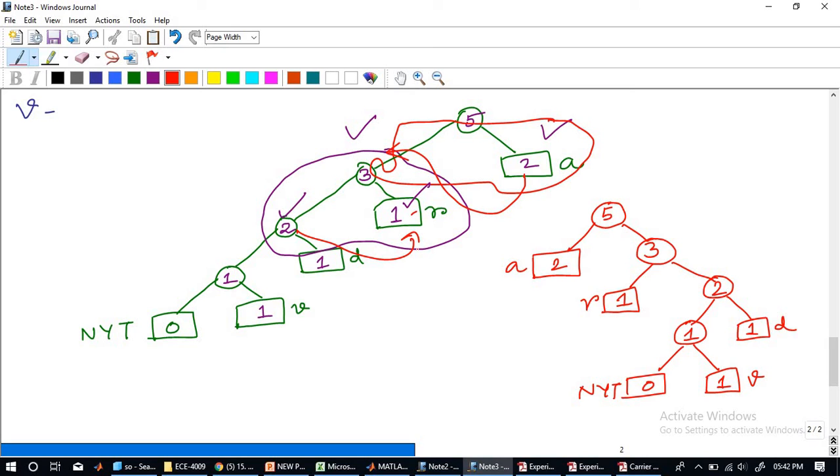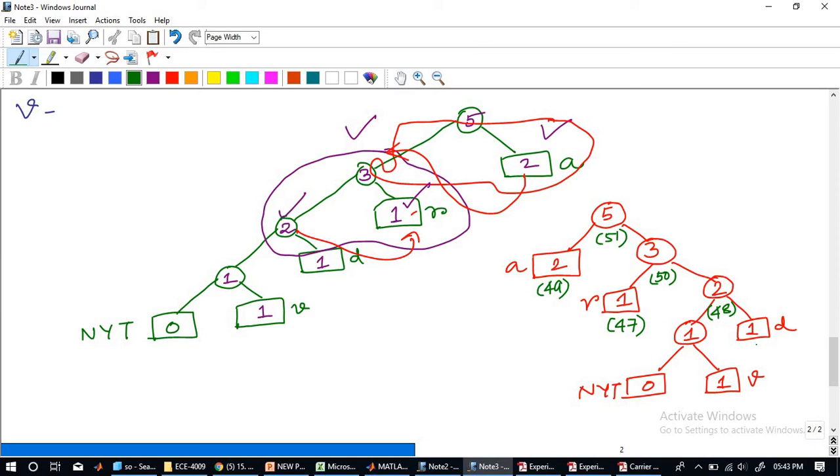Is it clear? This side? Anyone having doubt? So now can you give the node number? Sorry, node weight is already given. Can you give the node number? So what I'll do is: 51, 50, 49, 48, 47.